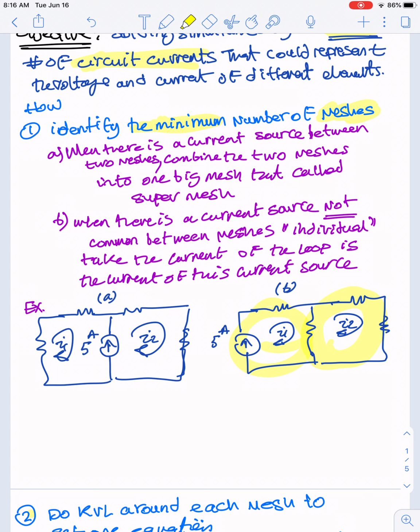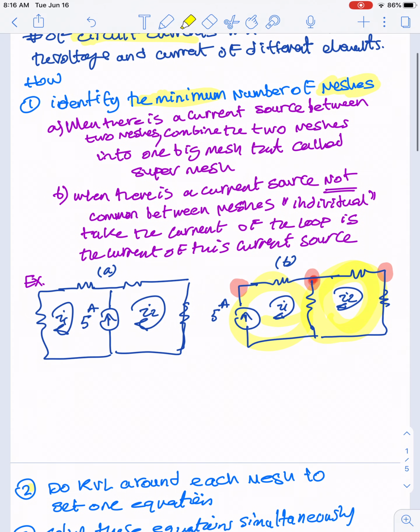If you remember, in nodal analysis, we were interested in finding the minimum number of nodes. So this is a node, while this is a mesh. This is the main difference between nodal analysis and mesh analysis.